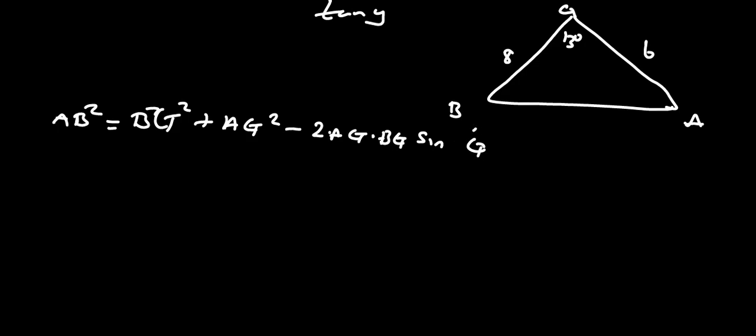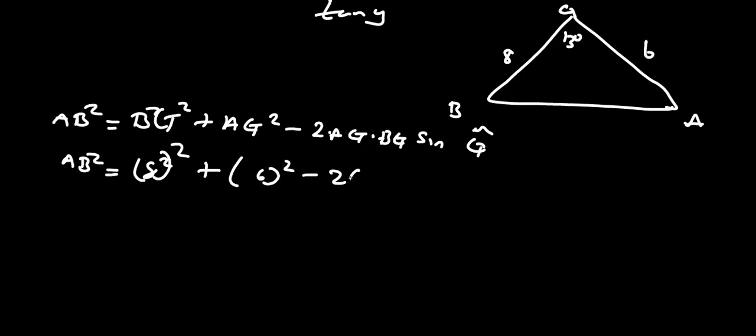So in that part we're going to say that AB squared is equal to 8 squared, remember to substitute, plus 6 units squared, and then minus 2 times 6 times 8, and then sine of 180 degrees.